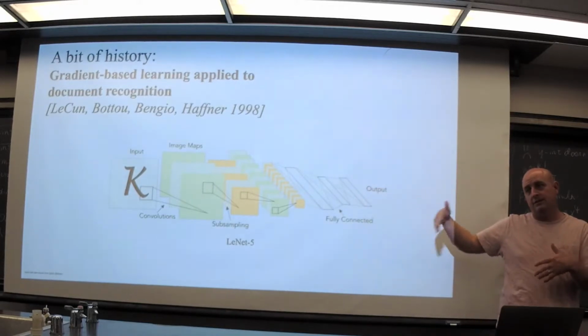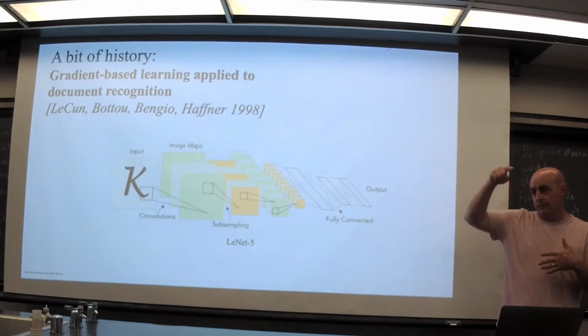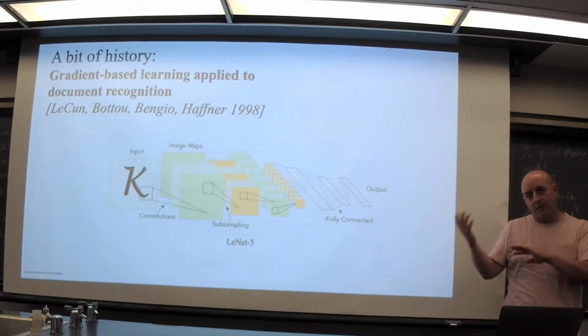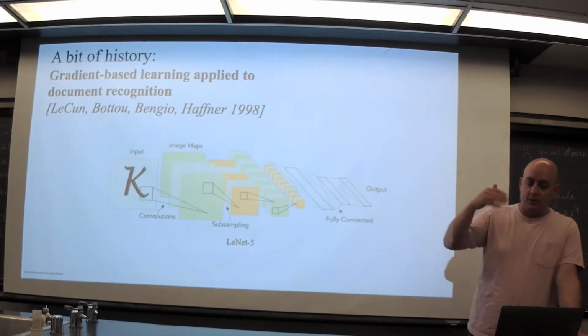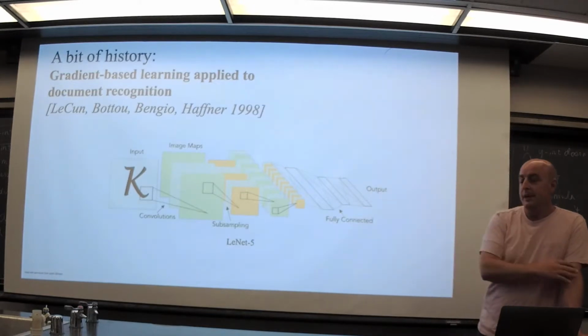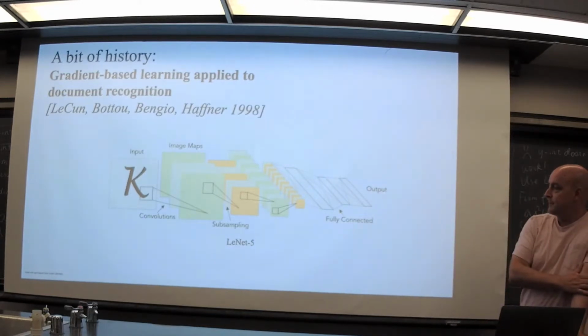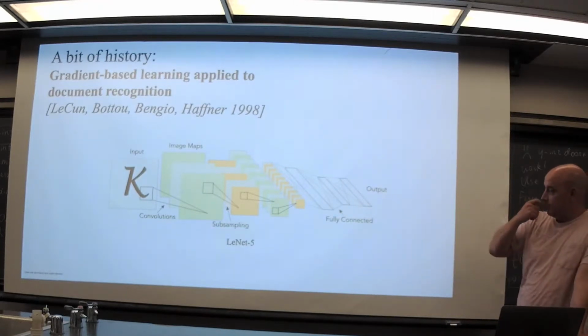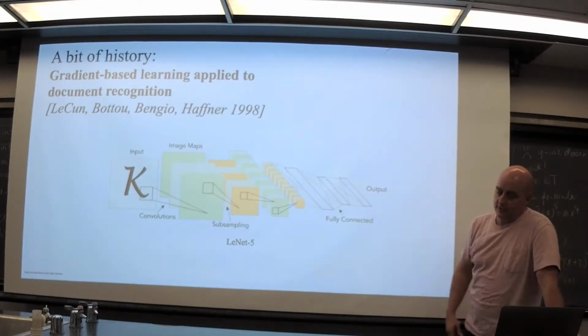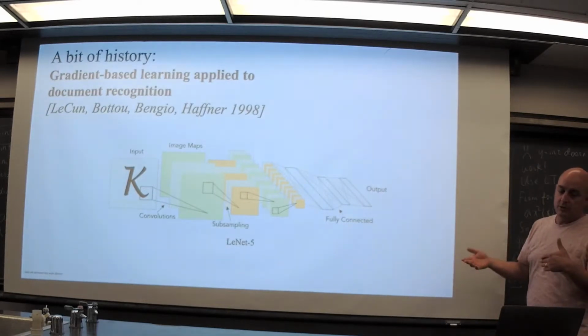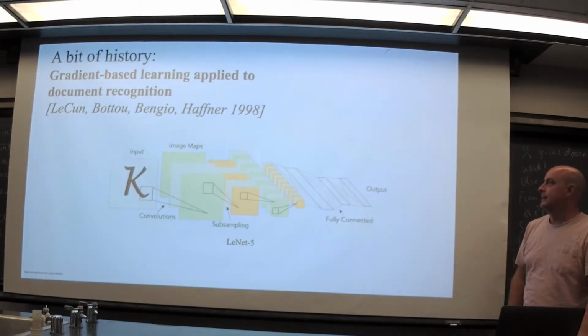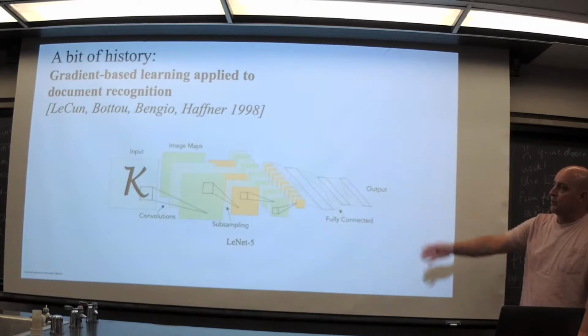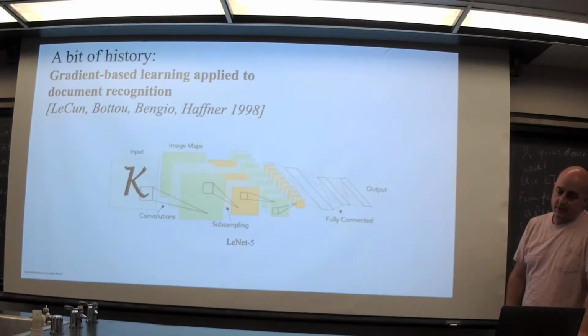So if we're doing classification, scores, one score for each of the classes, and then that would go into an appropriate activation like a softmax, which would then go into a loss function like cross entropy. And so in 1998, you get the first modern convolutional network that really worked. Worked for a very simple type of data, but it worked.